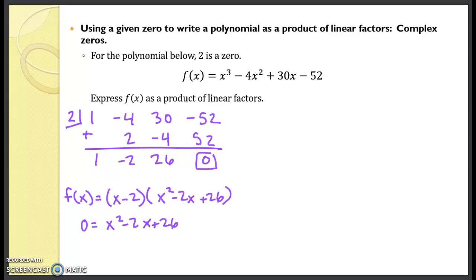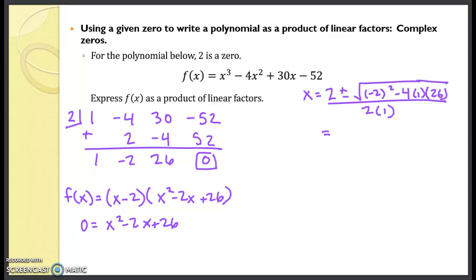So x equals negative b, which is 2, plus or minus the square root of negative 2 squared minus 4 times a, which is 1, and c, which is 26, all over 2a, which is 1.